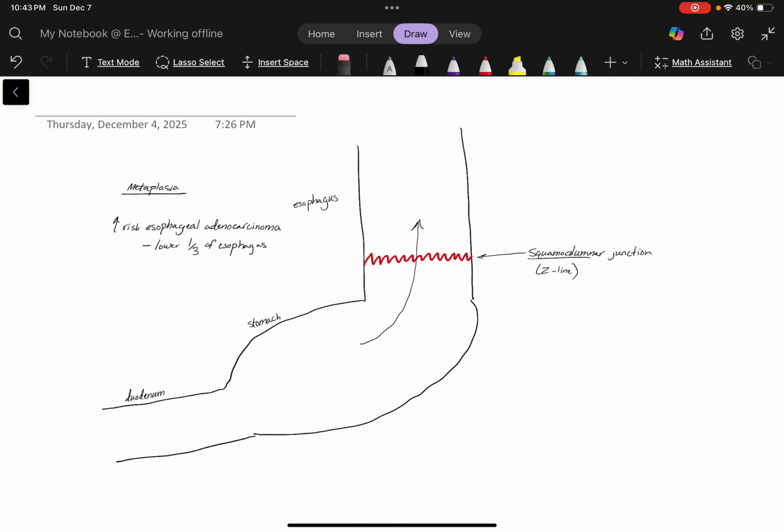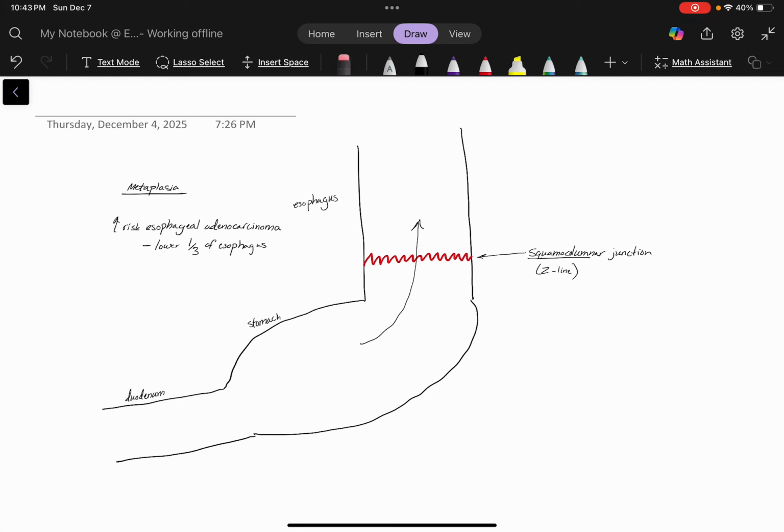So, just to recap, Barrett esophagus is essentially when the lower 1/3 of the esophagus tries to adapt to the body's gastric acid reflux. And it usually happens in gastroesophageal reflux disease. And what happens is that the esophageal cells undergo metaplasia from non-keratinizing stratified squamous epithelium to non-ciliated columnar epithelium with goblet cells, okay?